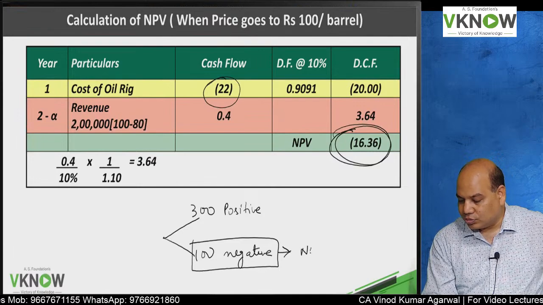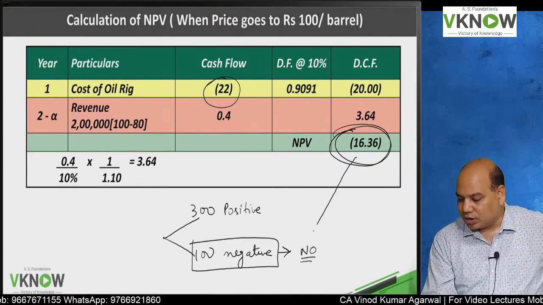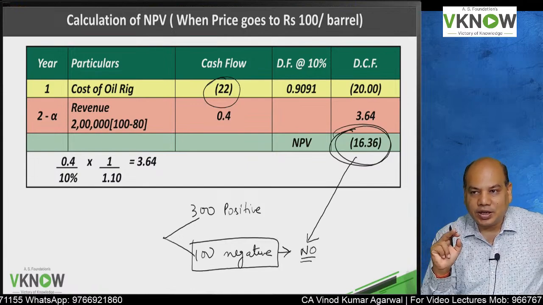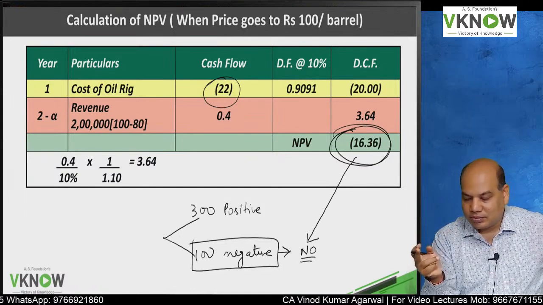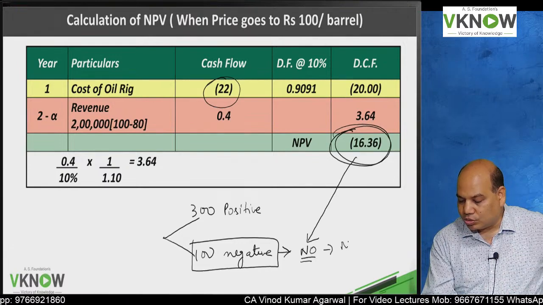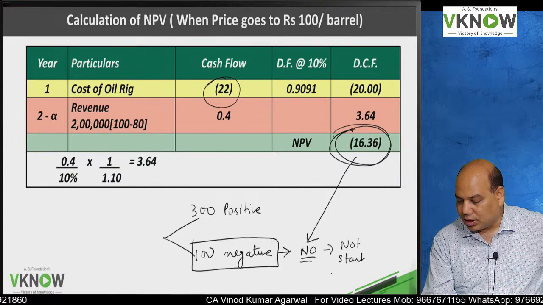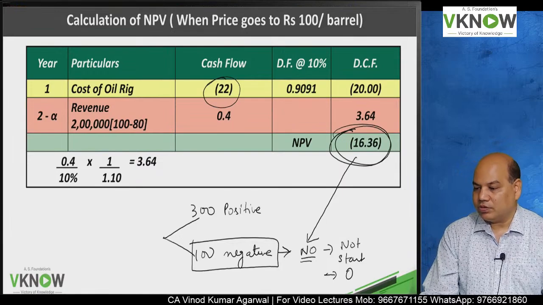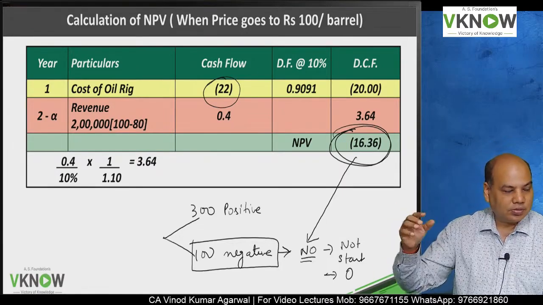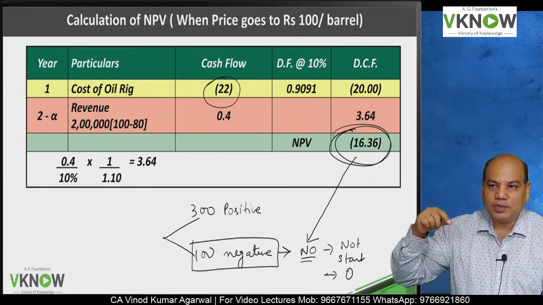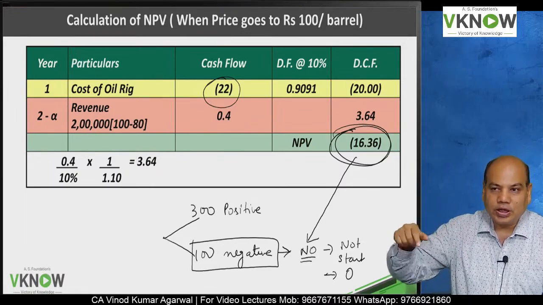The answer is no. This calculation only indicates that if the price is 100, NPV is negative. If NPV is negative, I am not going to start the project. And if I don't start the project, my NPV is 0. This is only calculation, but my decision will be I will not start the project if the price goes down to 100 rupees.